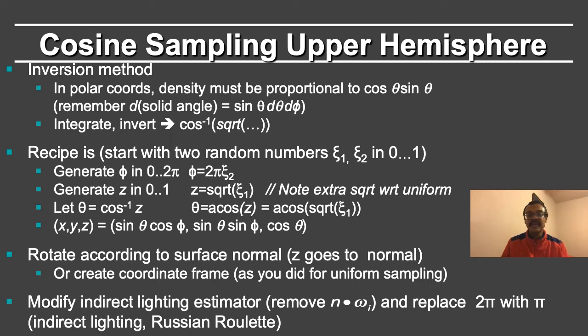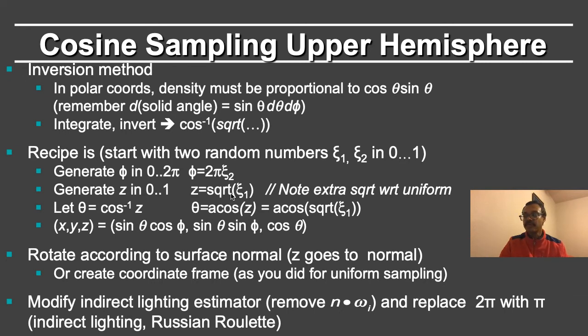For the z quantity corresponding to cosine theta, that still lies in 0 to 1. However, now you set z equal to the square root of xi1 instead of simply setting it equal to xi1. The extra square root is very important.